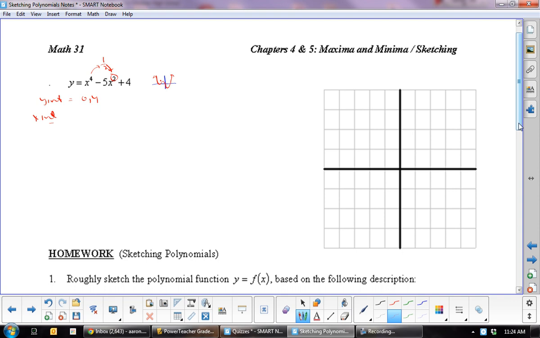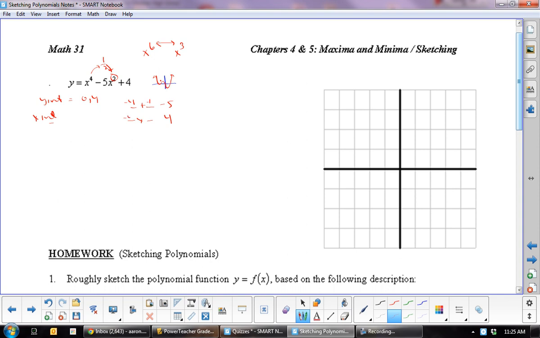So in this one, what two things add to give me negative 5, and what two things multiply to 4?